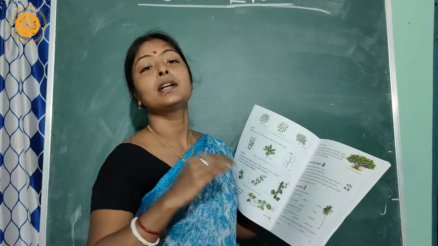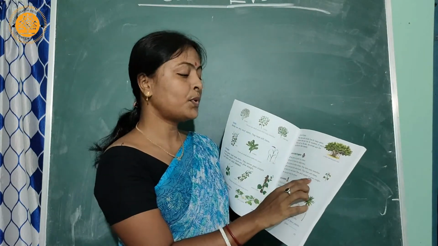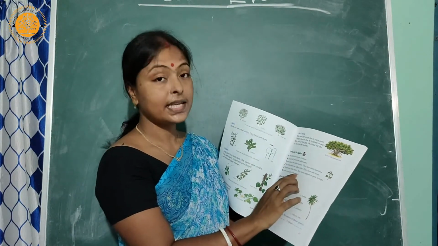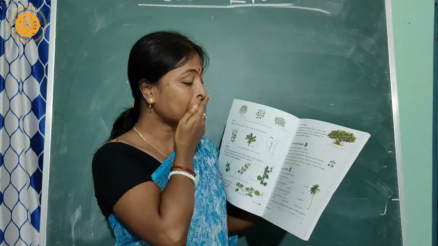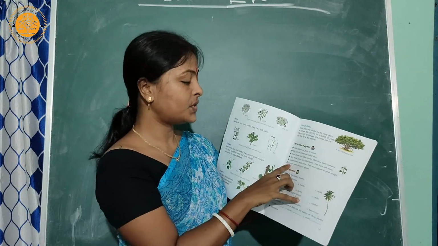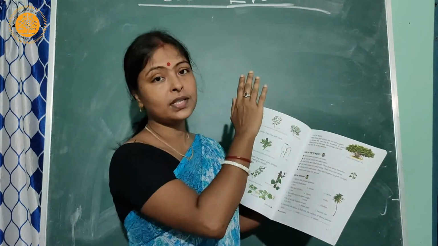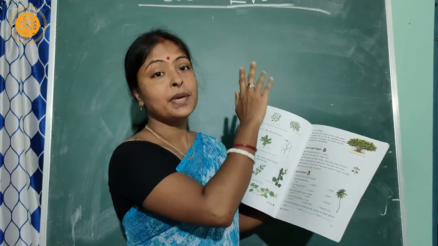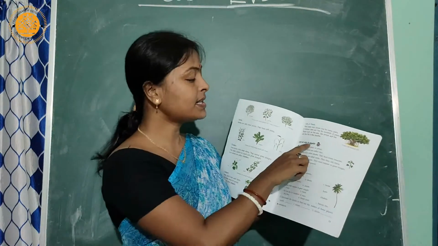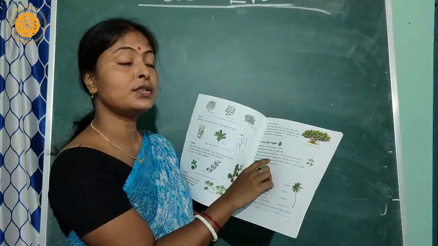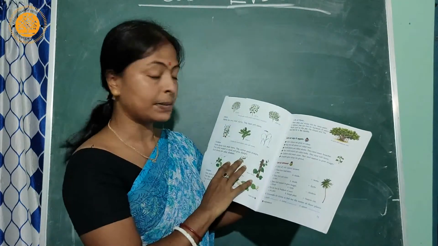We all know climbers need support to grow straight. Now, creepers. Creepers grow along the ground. Creepers can grow with the support of a big tree or anything, and they can also grow in the ground. These are the points you have to study thoroughly to revise your knowledge of this chapter.